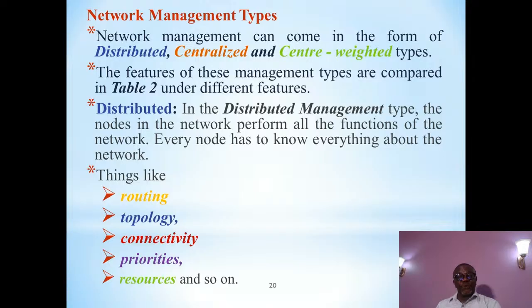But before we get to Table 2, for the distributed network management, the nodes perform all the functions of the network. Every node has to know everything about the network. And there are things like the routing, the topology, the connectivity, the priorities, the resources, and so on.